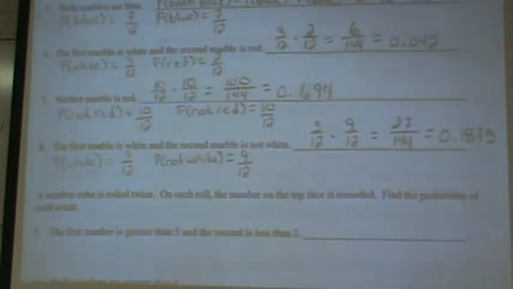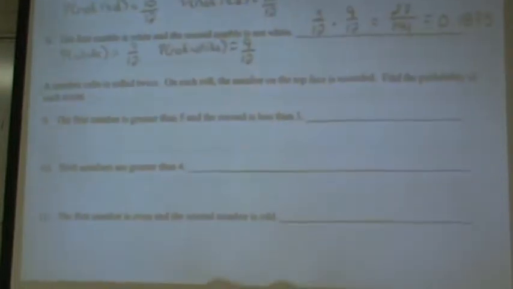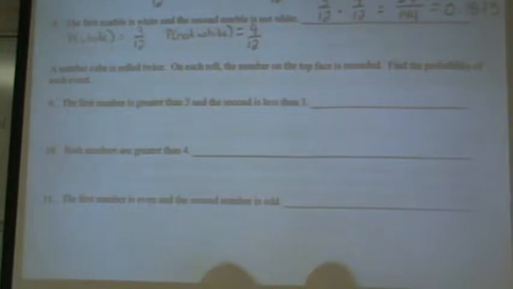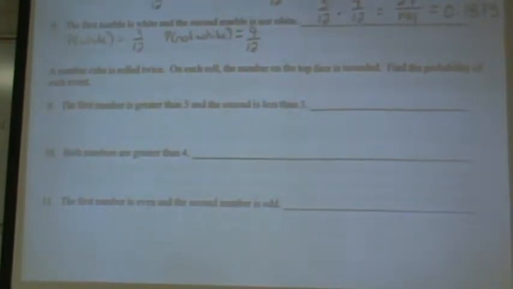Now number 9 through 11 is dealing with the next situation. So we're rolling a number cube twice. On each roll, the number on the top is recorded, and we need to find the probability of each event.